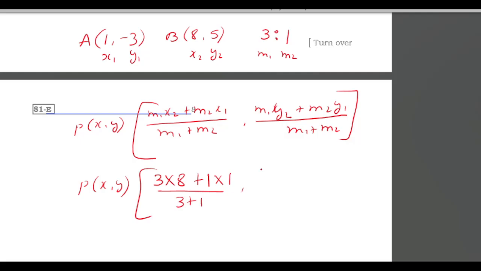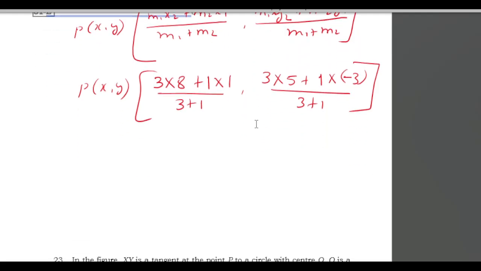Comma, m1 is 3 into y2 is 5 plus m2 is 1 into y1 is minus 3, divided by 3 plus 1, bracket close.